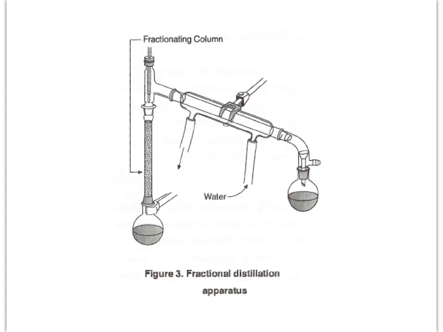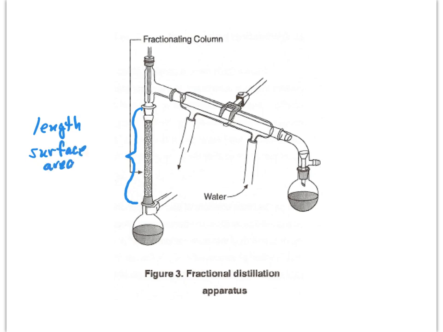So in fractional distillation, we add a long fractionating column between the round bottom distilling flask and the distilling head. And so we've got a combination of extra length, and we also do things to increase the surface area.